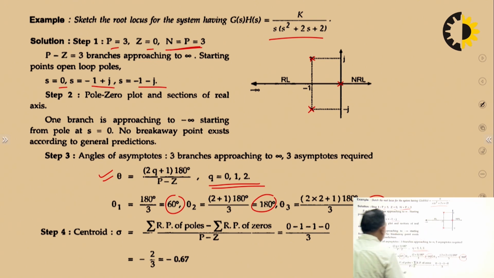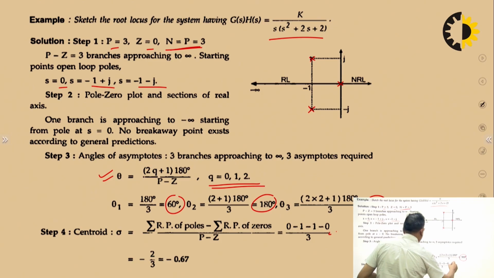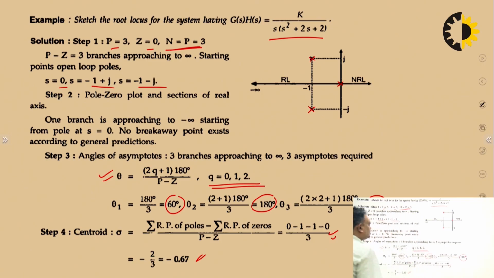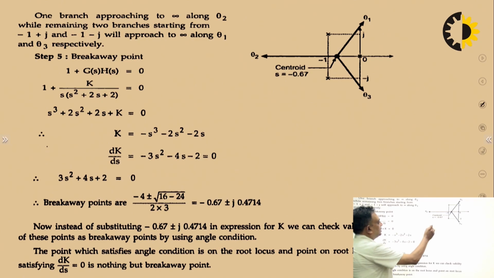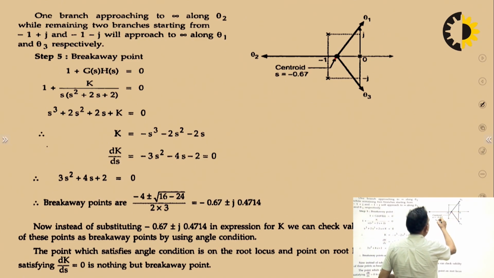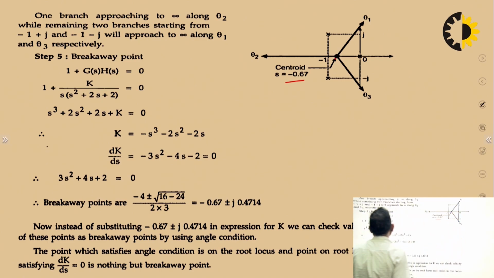These 3 angles start from the centroid, and the centroid value is sigma real part of poles minus sigma real part of zeros upon p minus z. When you solve it, this comes out to be minus 0.67. So this is the point from which the asymptotes meet.